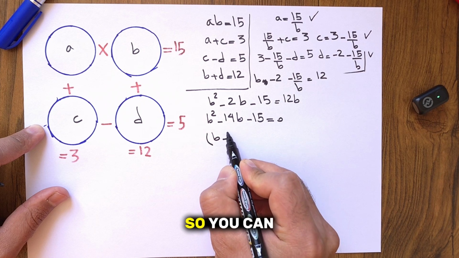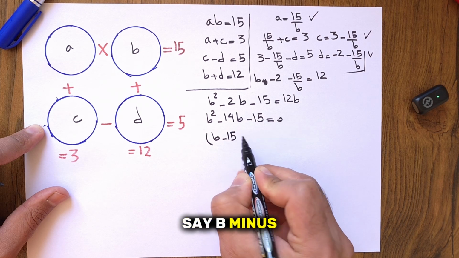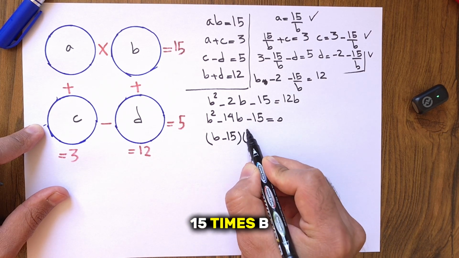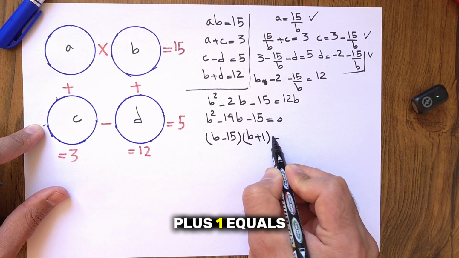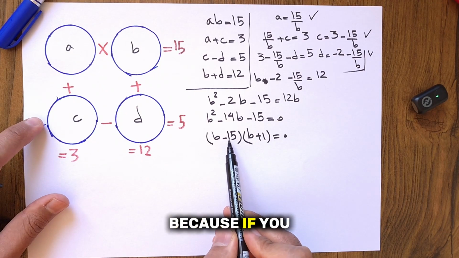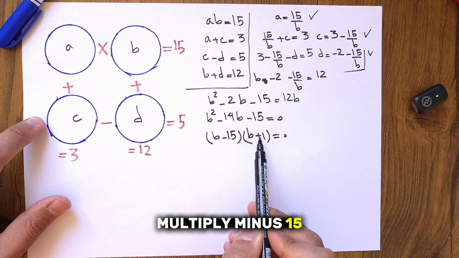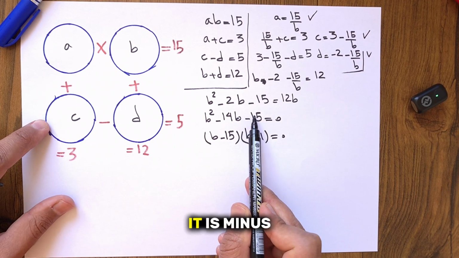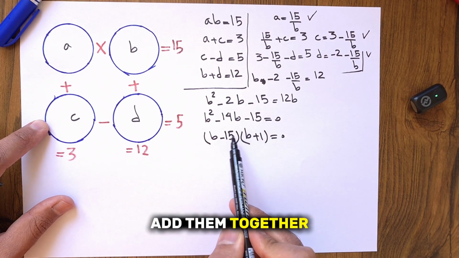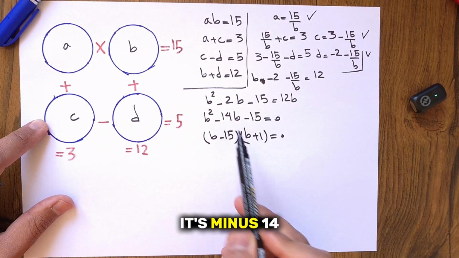So we can say B minus 15 times B minus 1 equals 0. Because if we multiply minus 15 by minus 1, it is 15. If we add them together, it's minus 16.